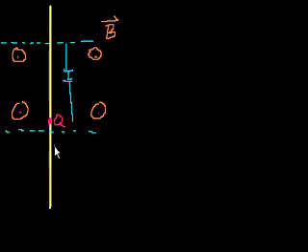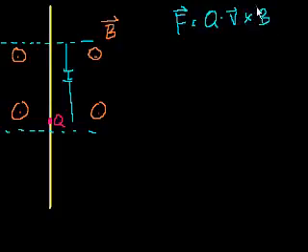What's going to happen? Well, if I just have a stationary charge sitting in a magnetic field, nothing really is going to happen, right? Because we know that the force due to a magnetic field is equal to the charge times the cross product of the velocity of the charge and the magnetic field.